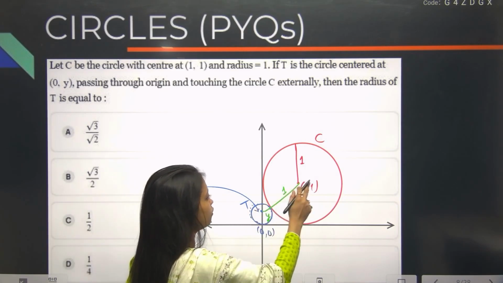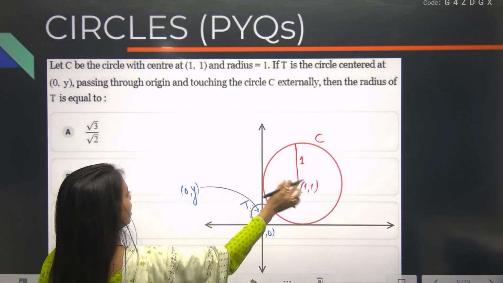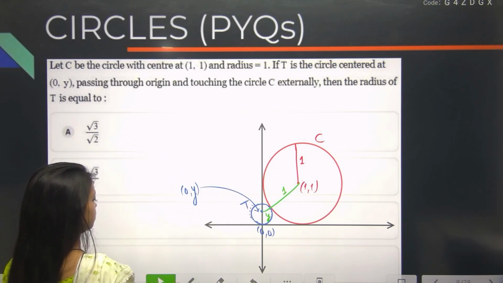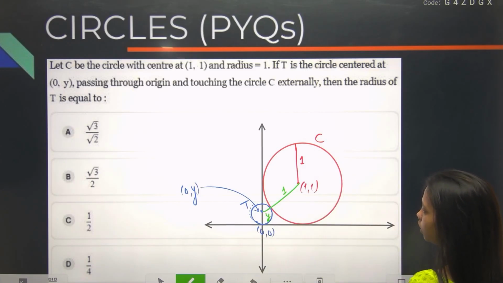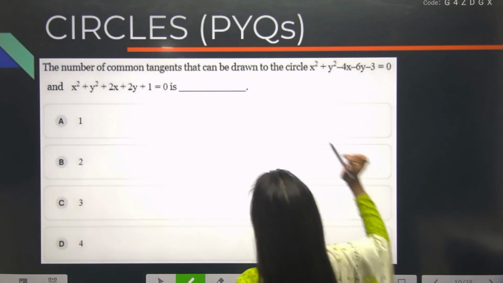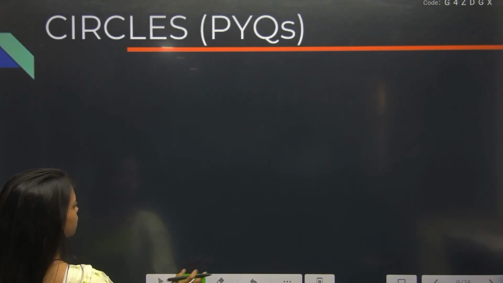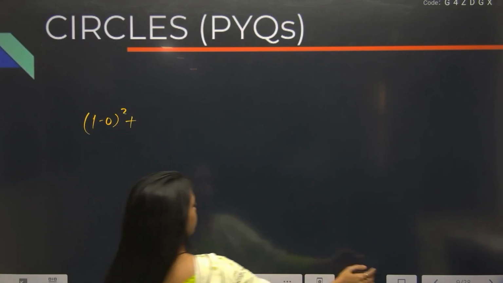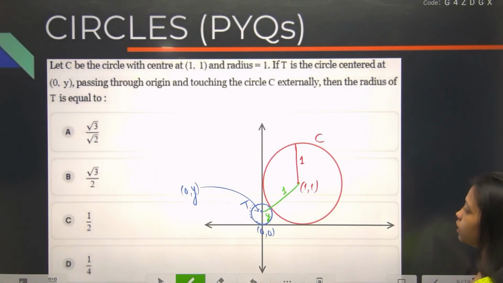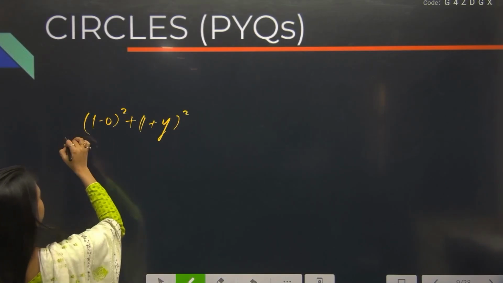I know both of the endpoints. Let's find out the distance. Distance between 0, y and 1, 1 is 1 minus 0 whole square plus 1 minus y whole square, under root.